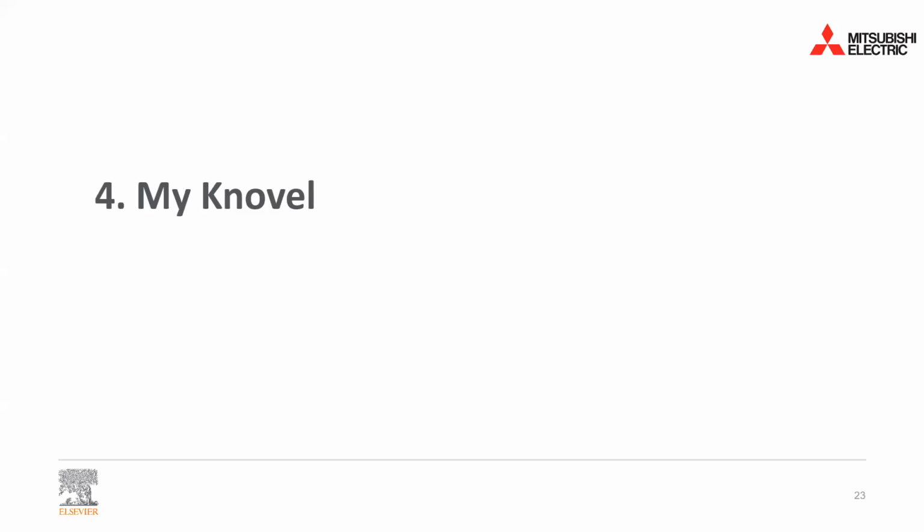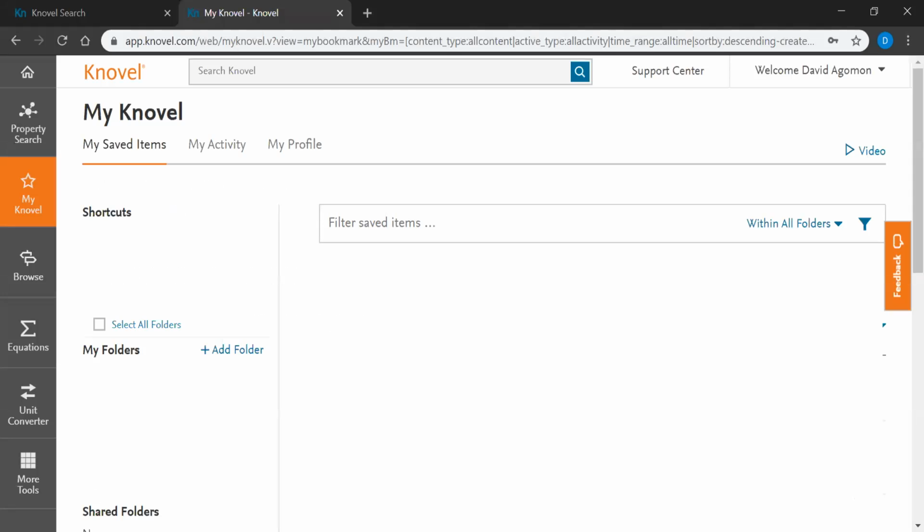Yes, thank you. The other thing is My Knovel, which is the personal space where you can save everything you want, you can share, and you can set alerts. And this is how it looks. This is the My Saved Items tab. And here you have a shortcut to My Alerts. An alert is just an email notification that lets you know there is new data that matches your search criteria.